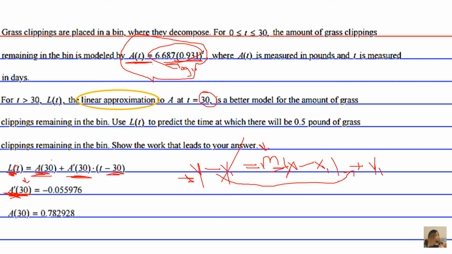All right, now we're not entirely done with the question, because we're asked to predict at what time there will be 0.5 pounds of grass left over. So this would be our answer, our L of t. We're trying to figure out the t. Now that we have A of 30 and A prime of 30, we can just plug in 0.5 right here.